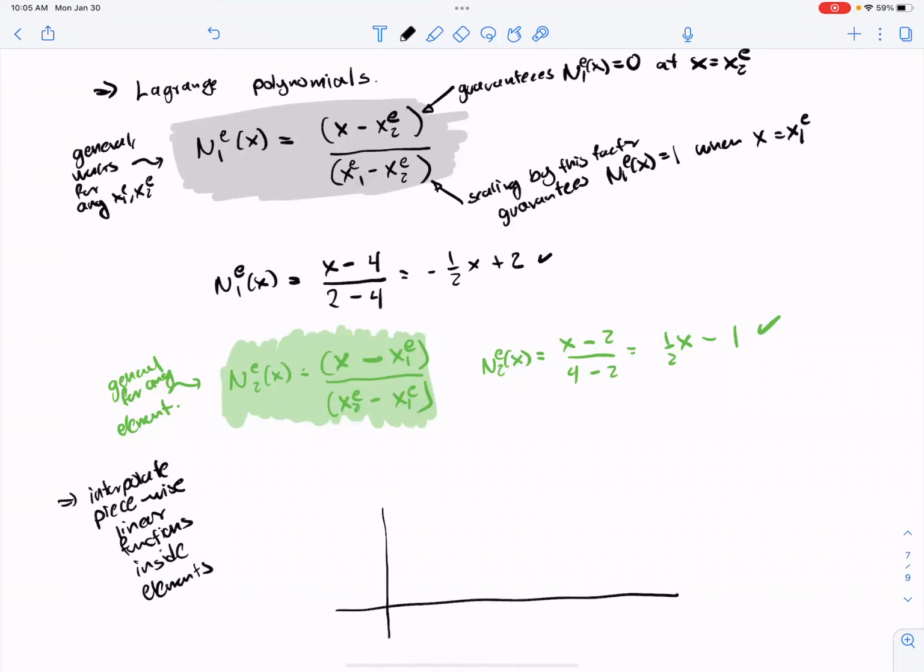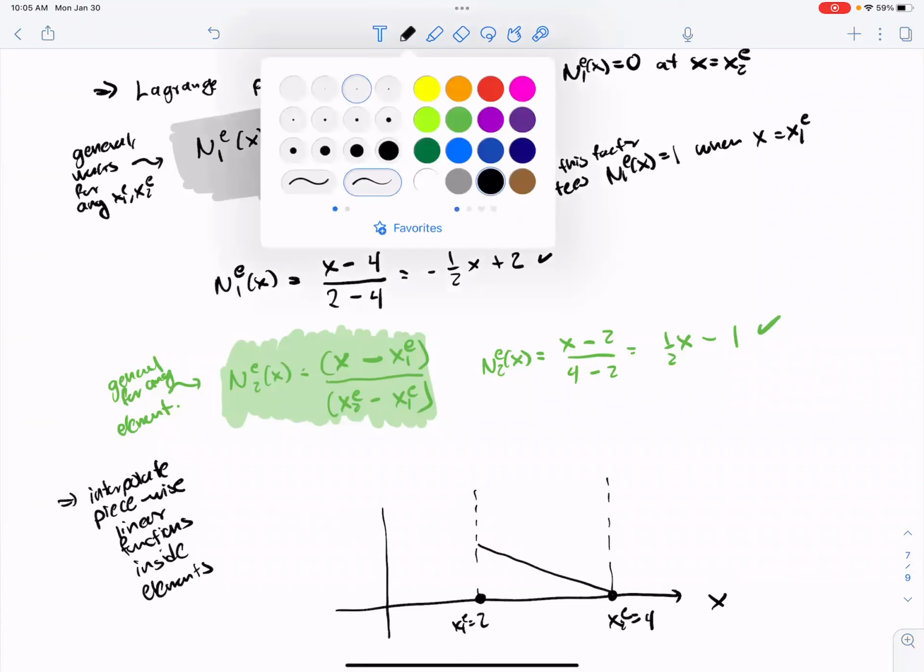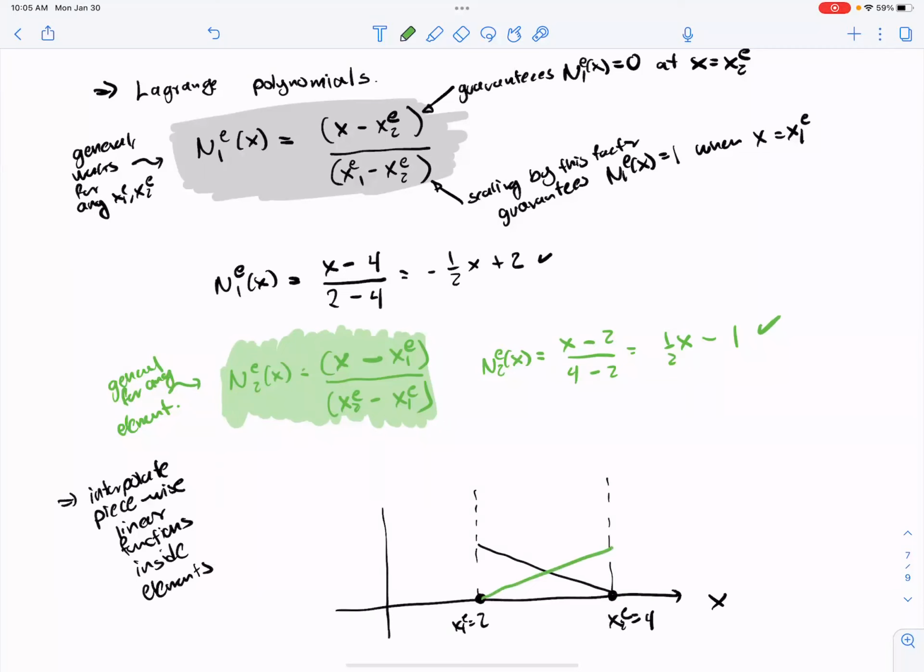So again, I have x and I have these 2 points. So x1e equals 2, x2e equals 4. I have my n1 function, which looks like this. I have my n2 function, which looks like this.